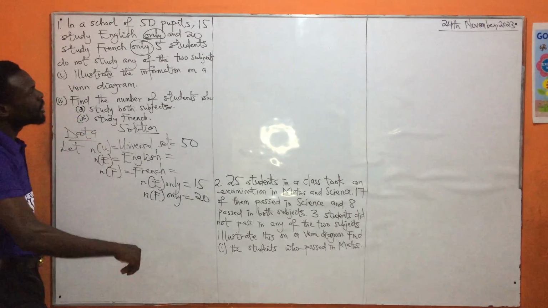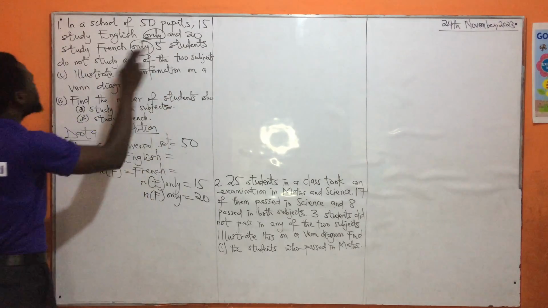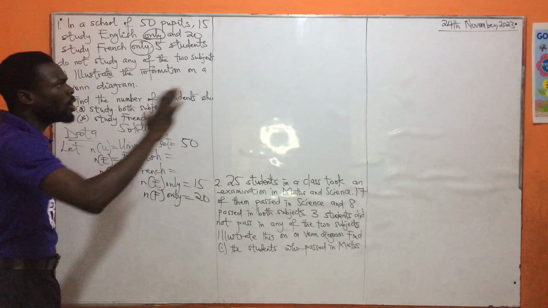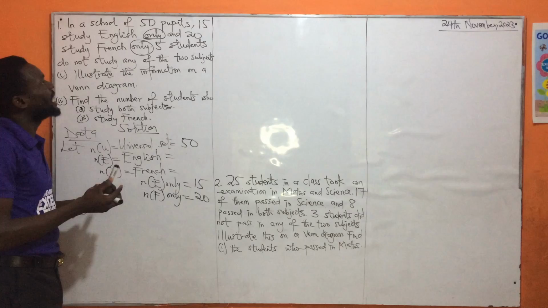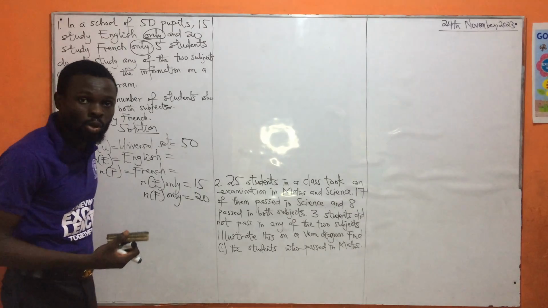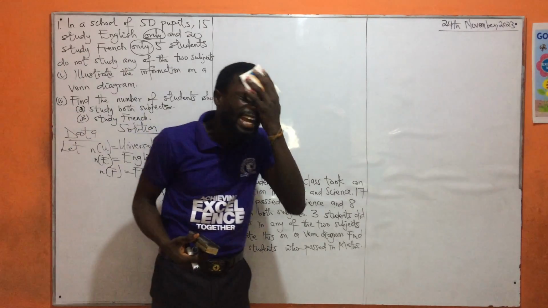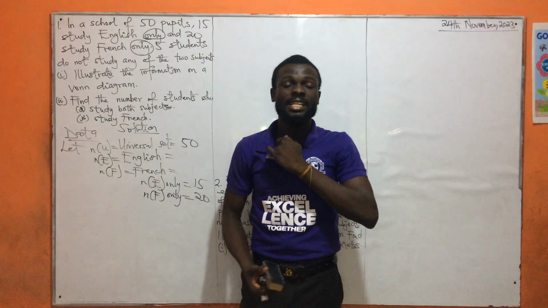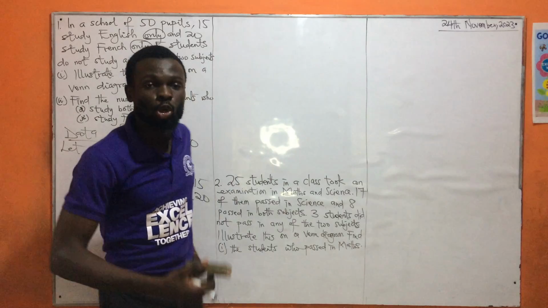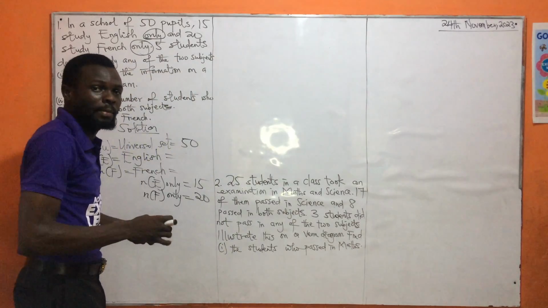When we continue, it says 5 students do not study any of the two subjects. So they are in the class, or part of the people in the school, but they didn't study French, neither did they study English. So we call them the complement.